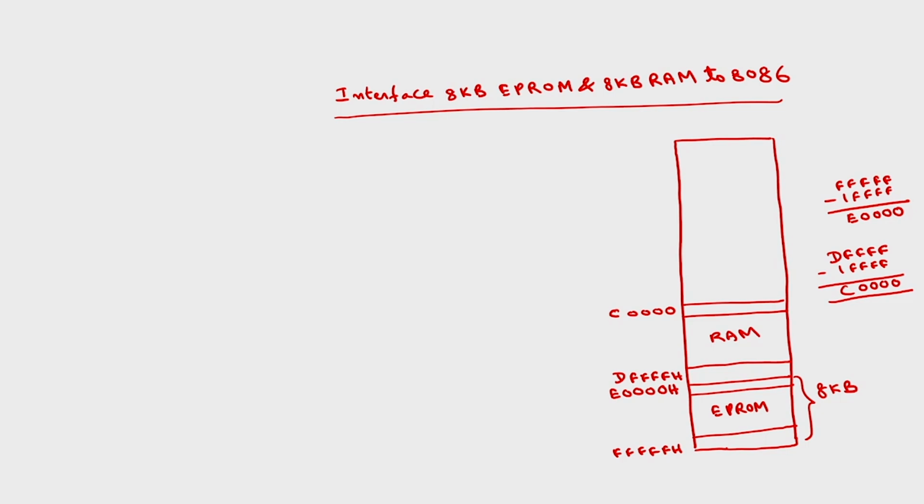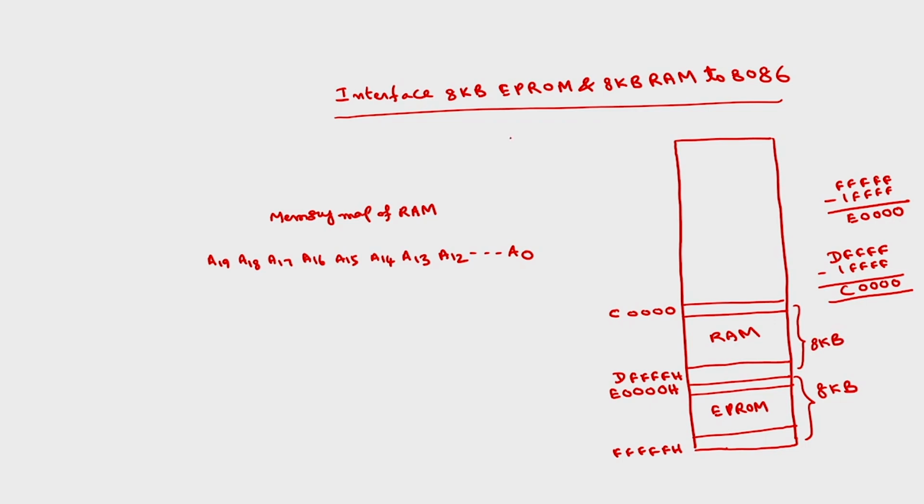So what is the memory map of RAM? In total we have 20 address lines: A19, A18, A17, A16, A15, A14, A13, A12, and so on up to A0. For 8 kilobytes of memory, how many address lines will be present?